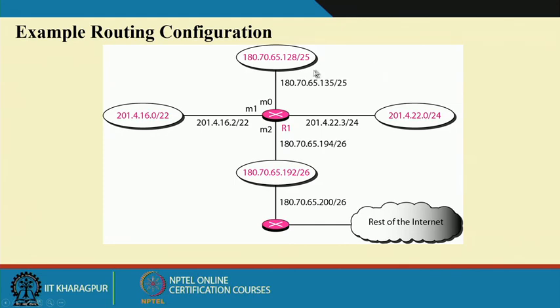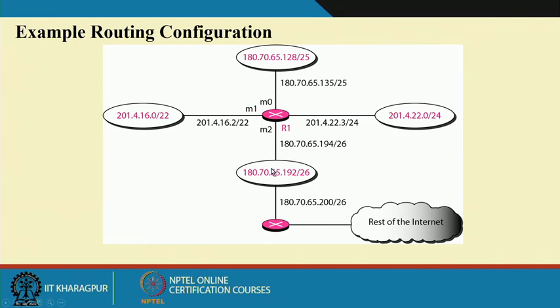Like here, there are several networks, starting from 180.70.65.128/25, 201.4.16.0, and they are connected to different interfaces of this particular router, right.